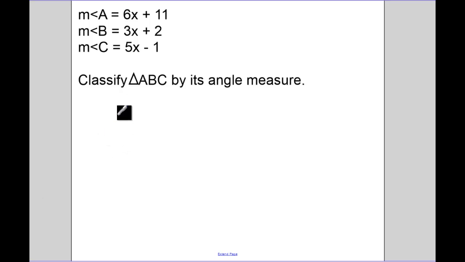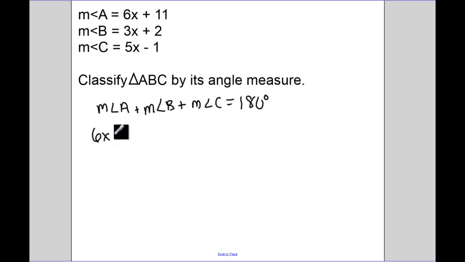Okay, classify triangle ABC by its angle measure. So the measure of angle A plus the measure of angle B plus the measure of angle C has to add up to 180 degrees. So now substitute in 6x plus 11 plus 3x plus 2 plus 5x minus 1 equals 180.